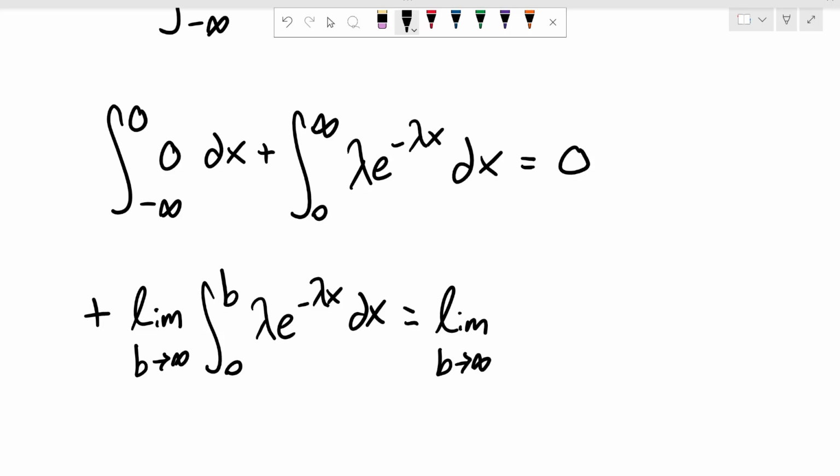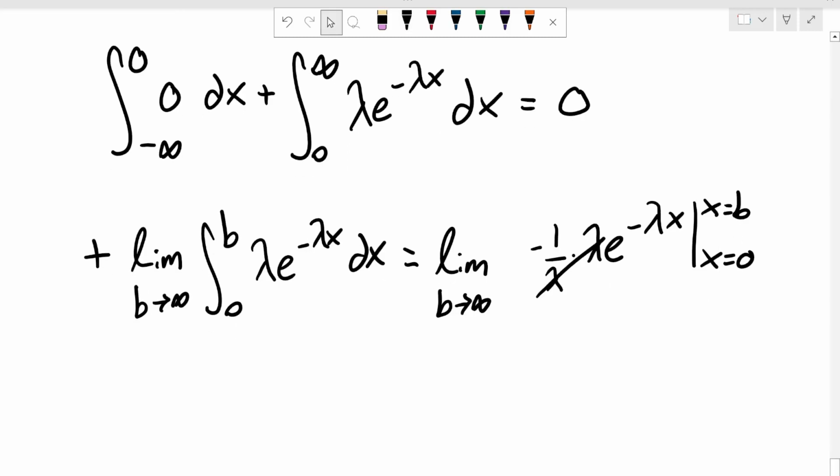You can do a substitution here, but if you remember the rule that we wrote down in the integration by parts video for integrals of this form, then you'll remember that this is equal to negative 1 over lambda times lambda e to the negative lambda x. So these will cancel, and we're going from x equals 0 to x equals b.